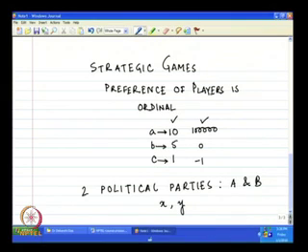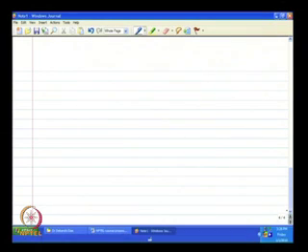So, X and Y affect the chances of winning of both the parties. It is not that X is affecting only the chances of A, it is affecting the chances of B also. So, this is what is meant by this interactive process, that what I am deciding, what I am doing, is affecting you.